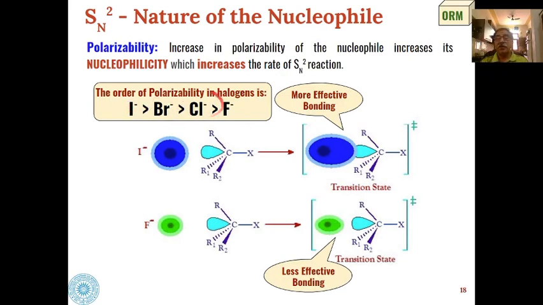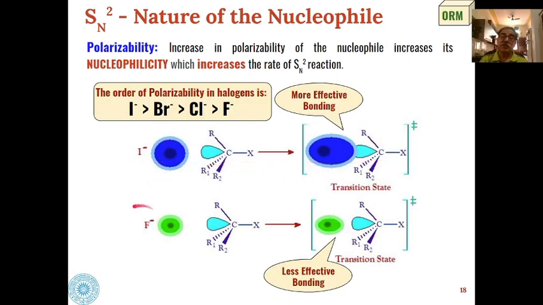So we can see one example. This is iodide ion and this is our substrate, where the bimolecular nucleophilic substitution reaction is to take place. As the nucleophile attacks from the back side, in the transition state there will be more effective bonding, because the polarizability of iodide ion is very high. Because of that more effective bonding, the rate of reaction will be higher in case of iodide in comparison to fluoride ion.